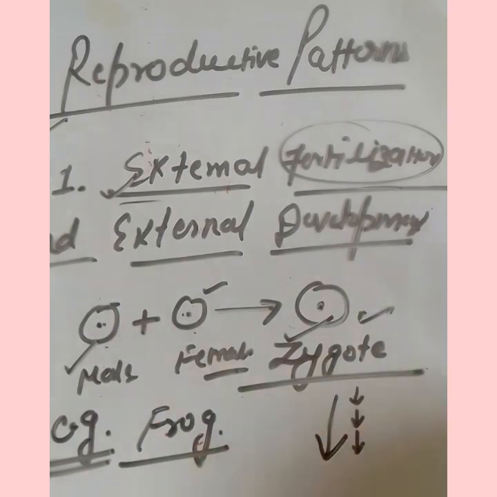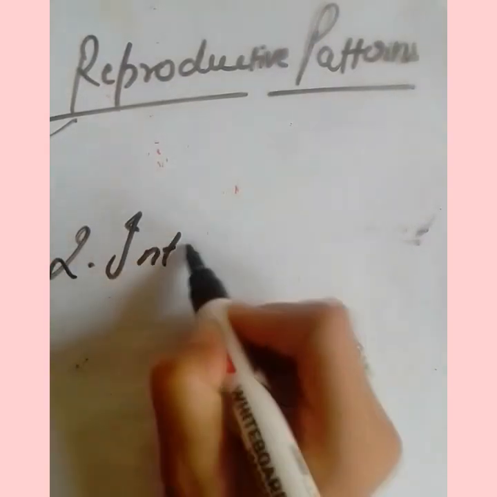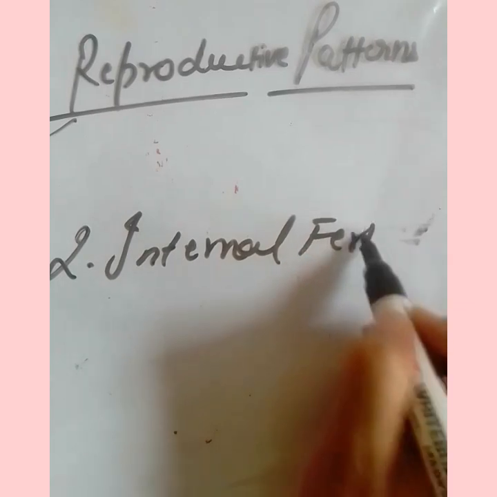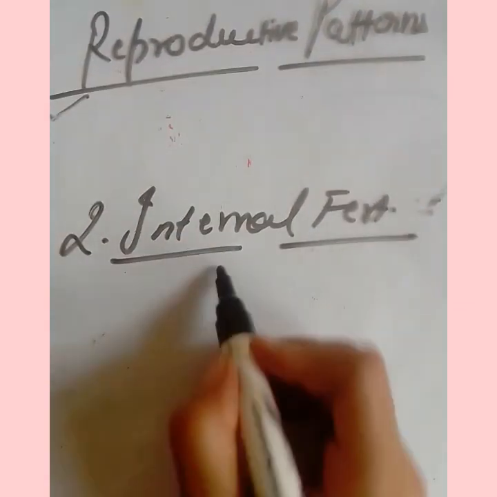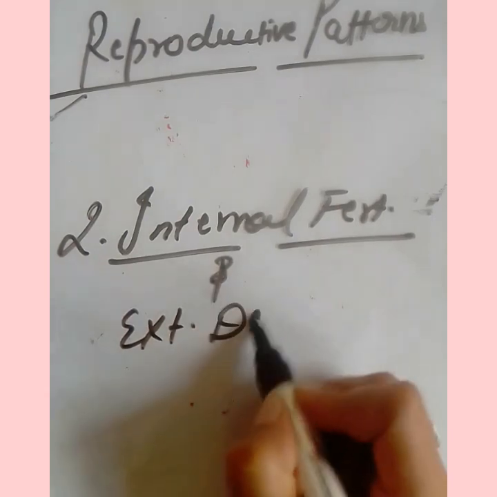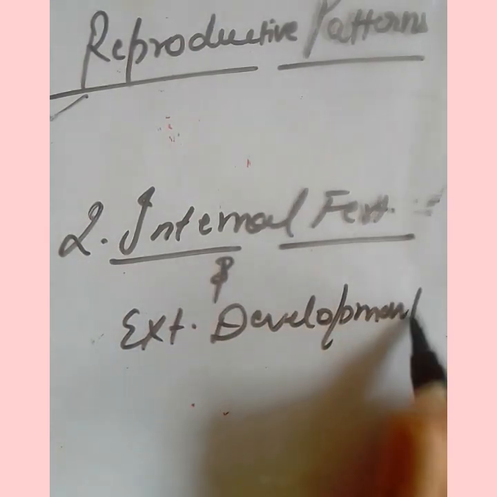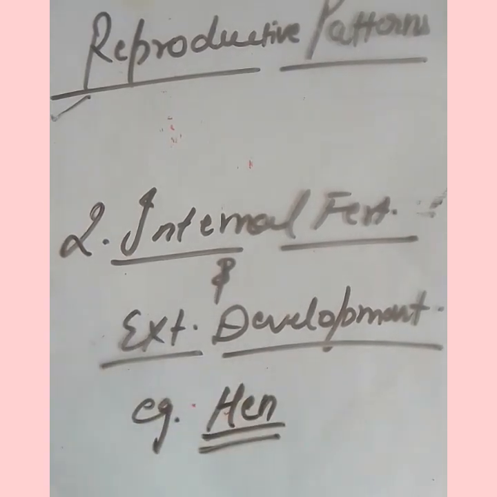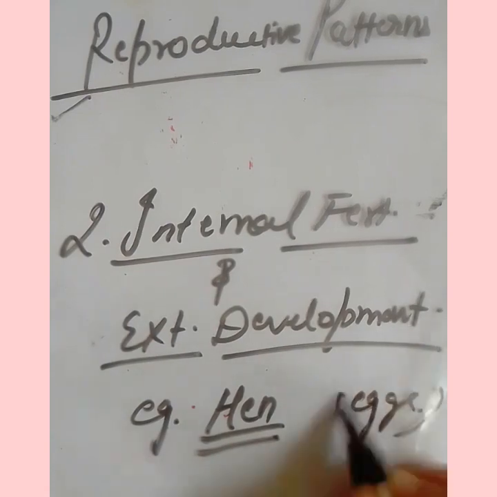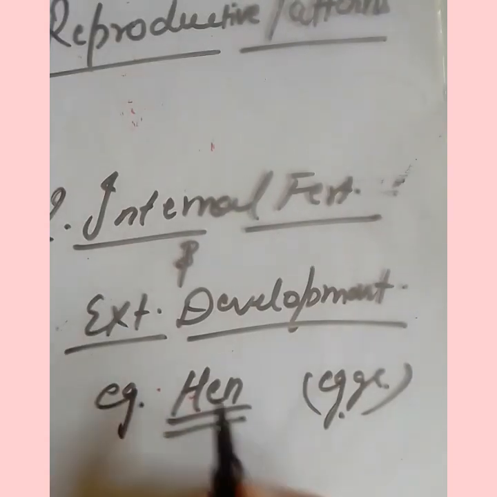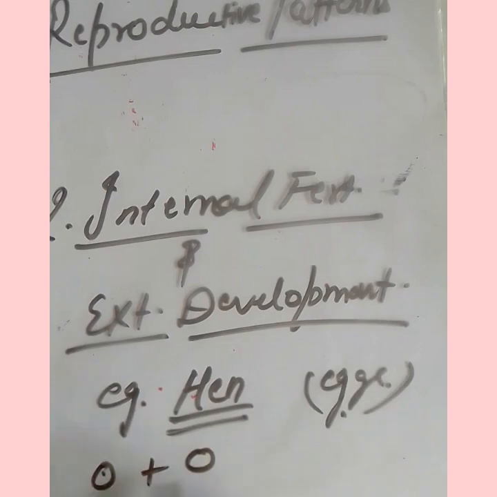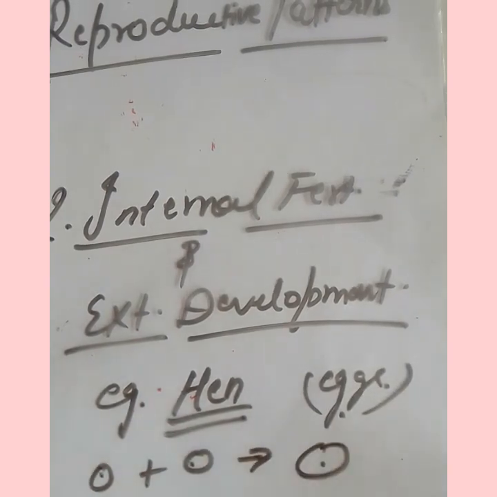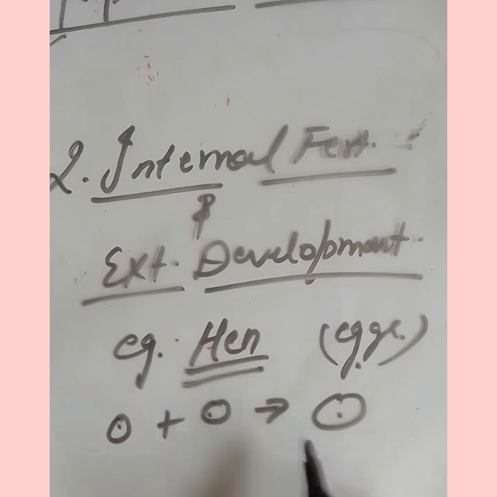The second one we will take now is internal fertilization and external development. I am writing in short form. This type of development you can see, students, in the case of the hen. All of you have seen eggs. Here the male and female gametes fuse together into the zygote inside the body of the female.